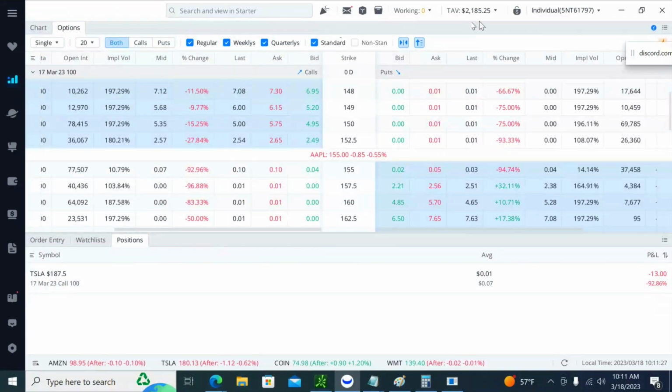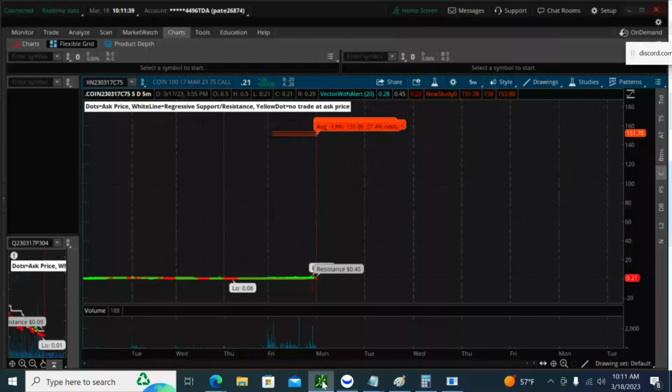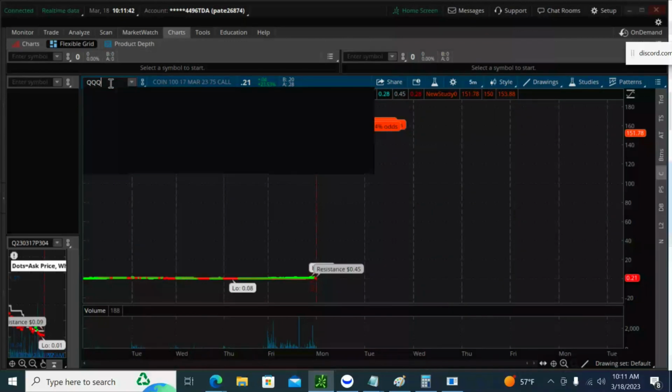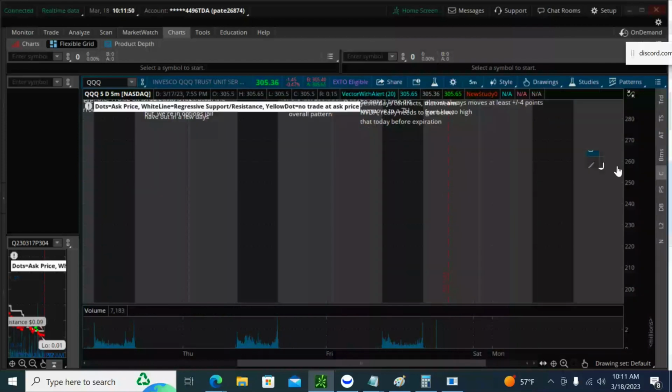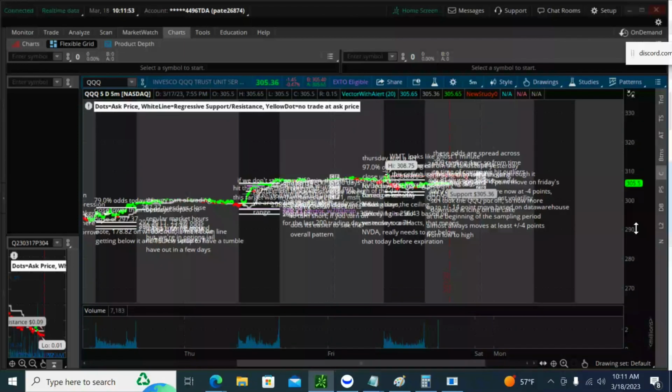I let some of the contracts go to zero, which you're never supposed to do. And what was happening on Thursday was I was too smug. I'm also working on some other stuff, so I have to keep swinging around.